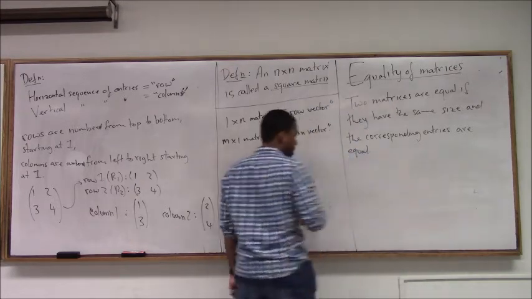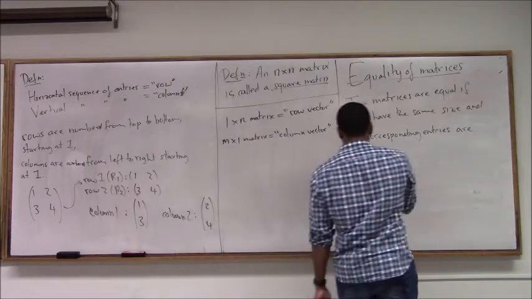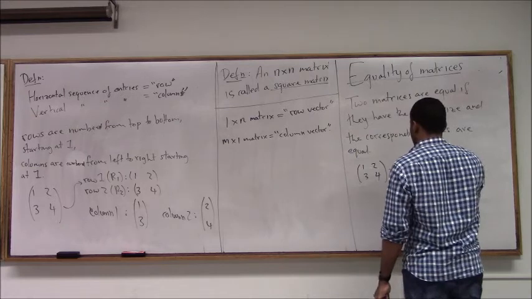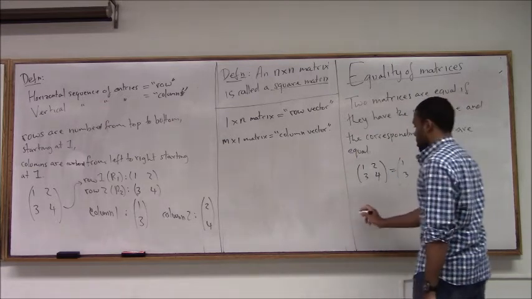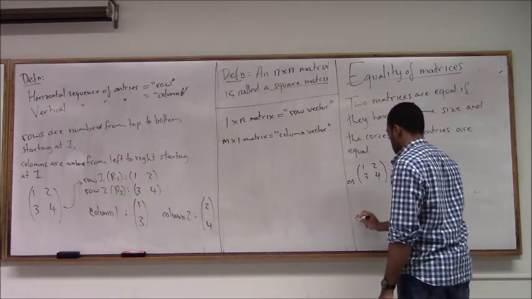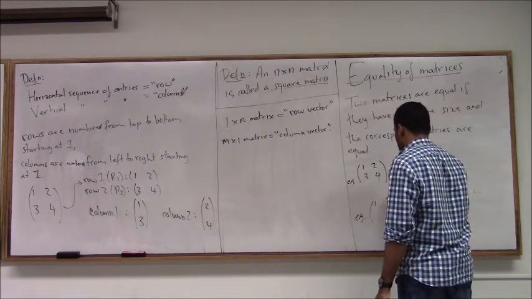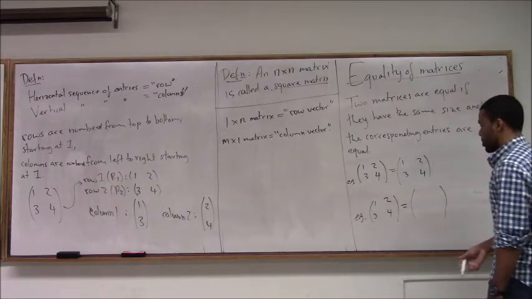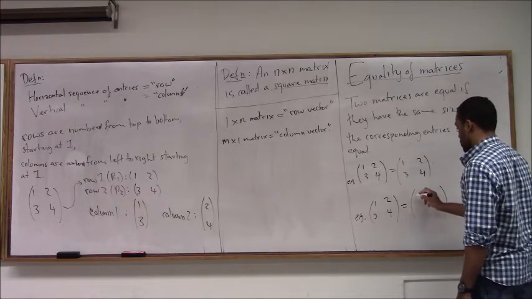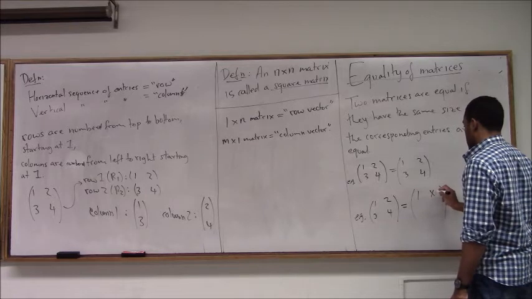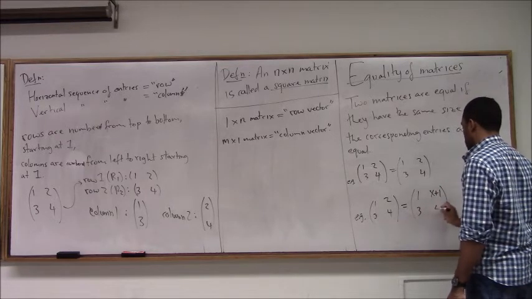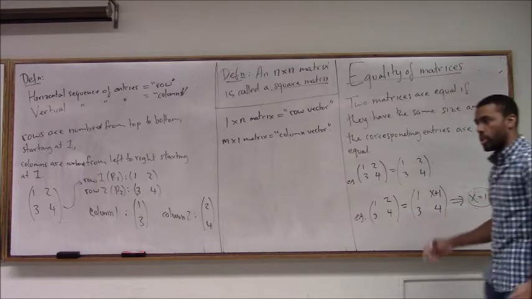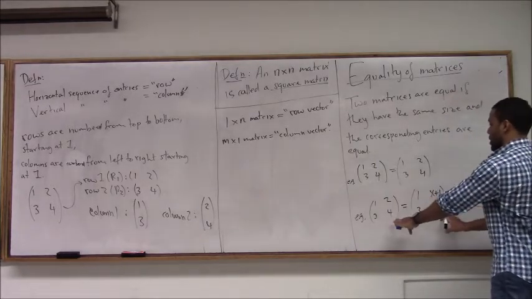So they have to look exactly the same to be equal. Clearly 1, 2, 3, 4 is equal to 1, 2, 3, 4. Let's see an example. Say you know everything about one matrix, but through some way you can figure out another matrix where you might have an unknown, something like 1, x plus 1, 3, 4. This would mean your x value has to be 1 in order for the equality to be maintained, because each corresponding entry must be the same.